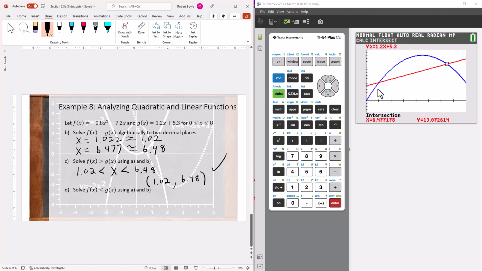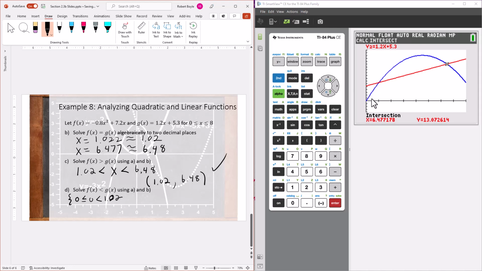For D, we want to figure out those values of x where f of x is strictly less than g of x, i.e. when f of x is below the graph for g of x within our valid range between 0 and 8. Okay, well that's going to occur when x is greater than or equal to 0 and less than 1.02.